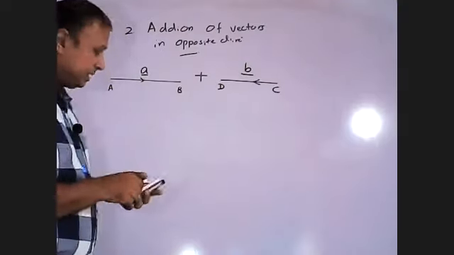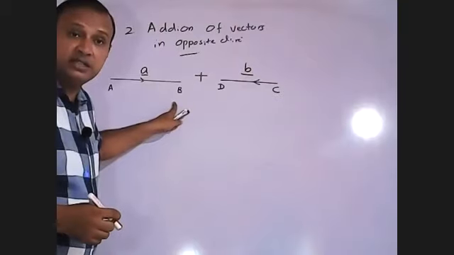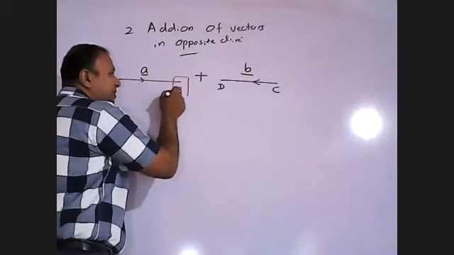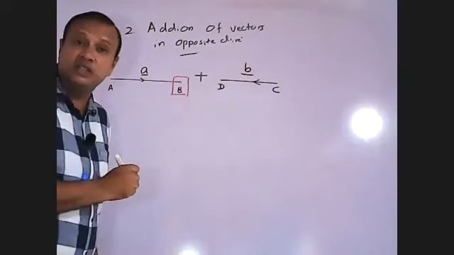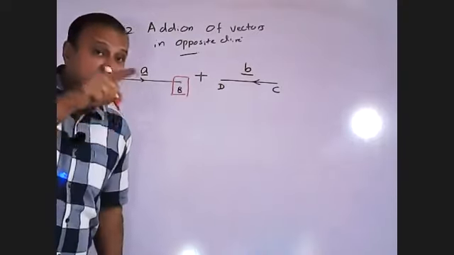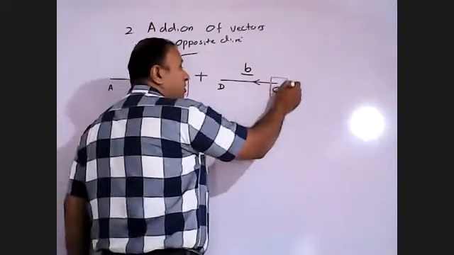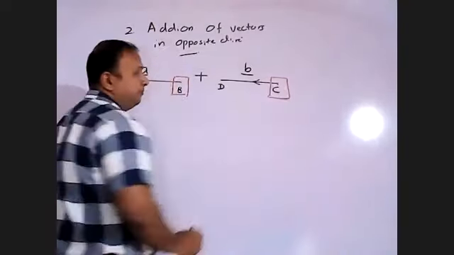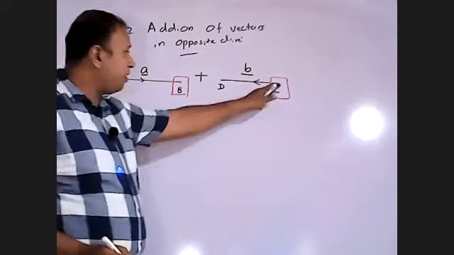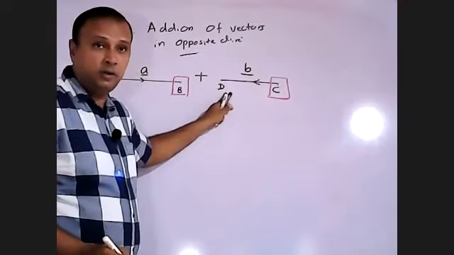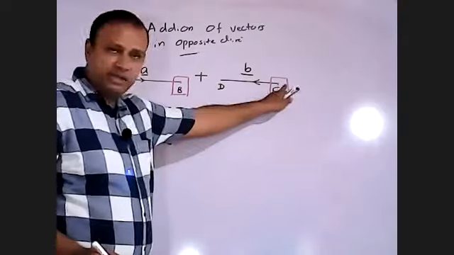Look at this. What is the endpoint of the first vector? This one. This is the endpoint of the first vector. So what is the starting point of the second vector? The starting point is here. Not the closest one, okay? The starting point is here.